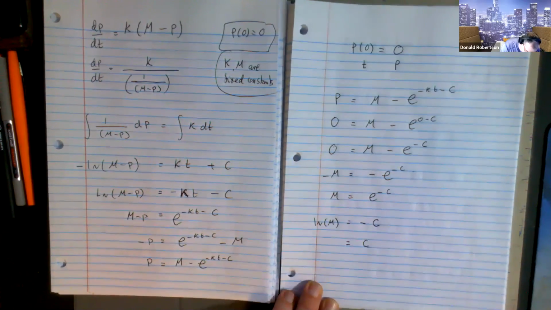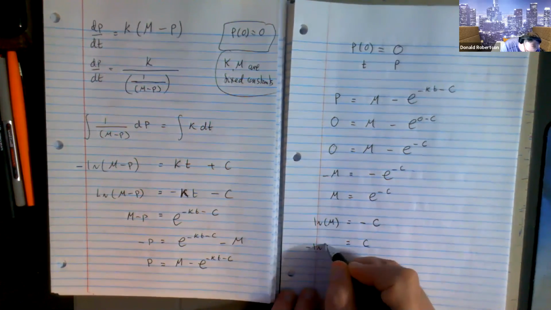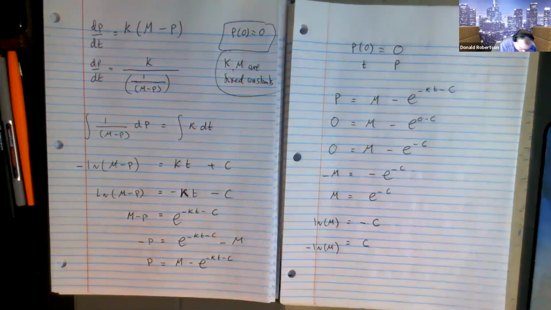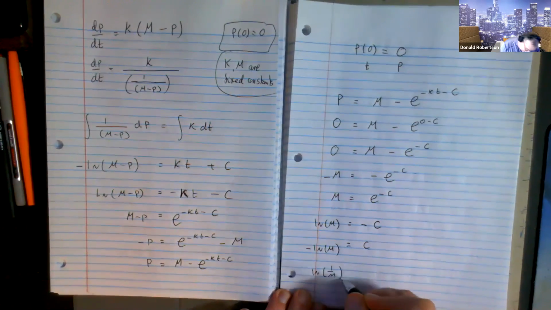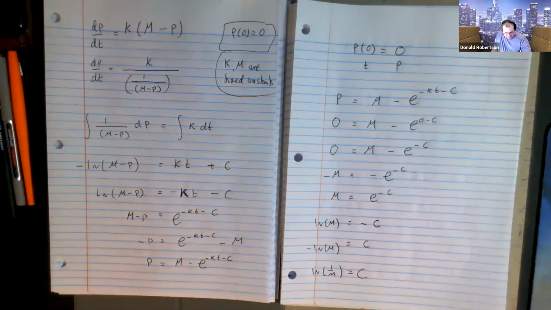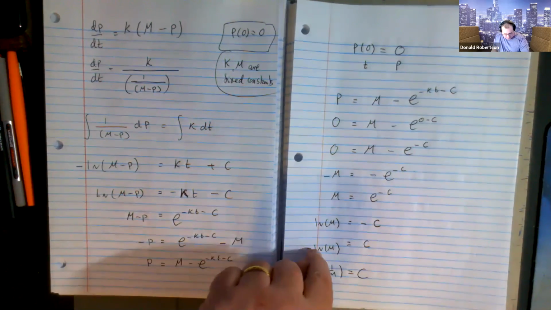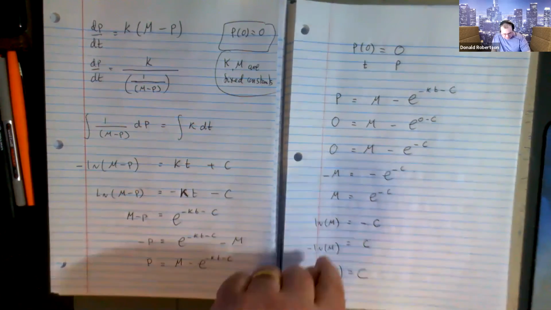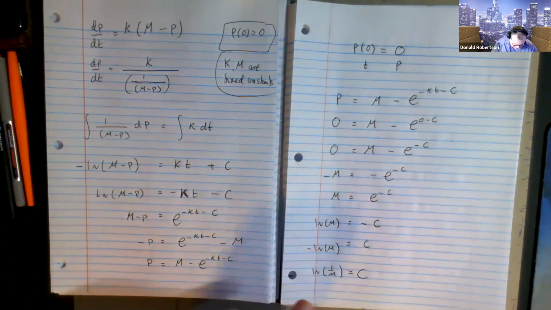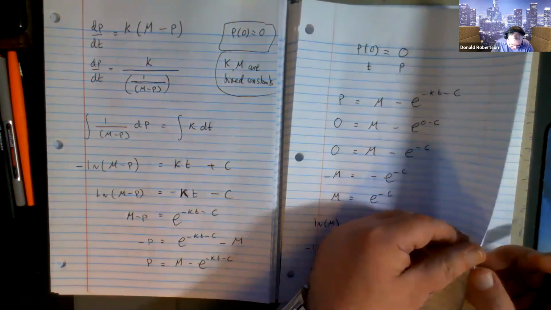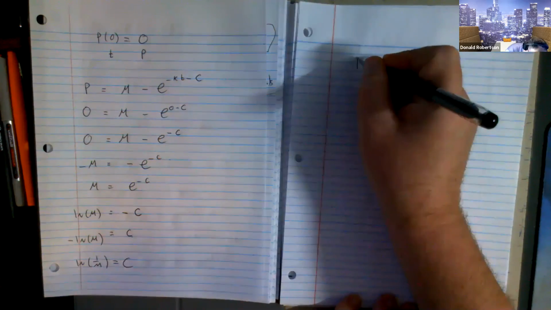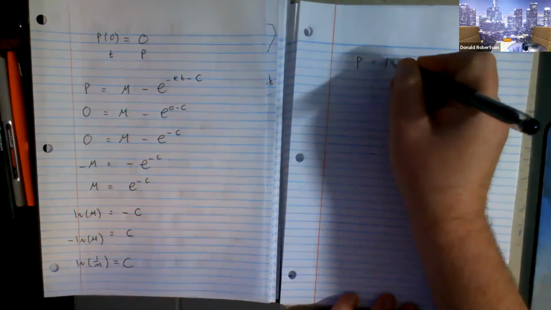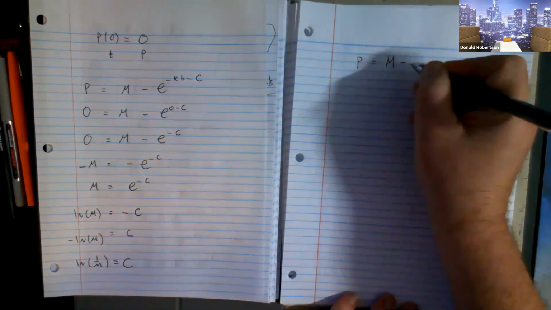So that makes C that fella. And I'm going to call it that fella because I think it looks nicer. Because negative log is m to the power of -1, and m to the power of -1 is this. That means we now have P, it's m, take away E.